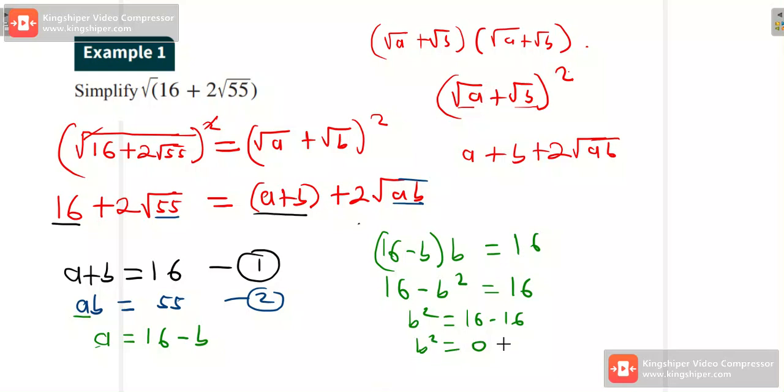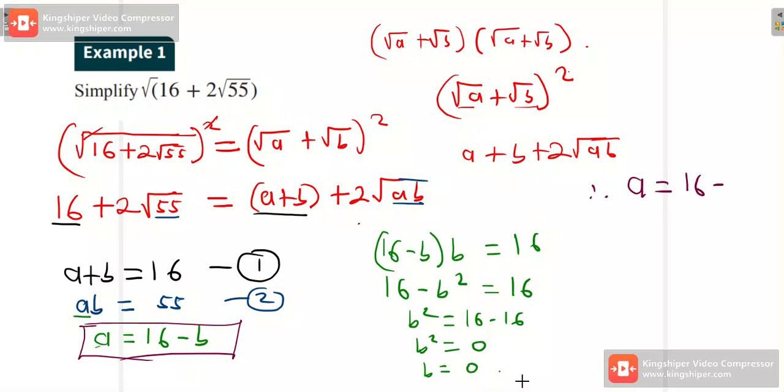So if b squared is equal to 0, it means that b is also 0. So we have gotten our b to be 0. Once b is 0, we can just go back to a, this part, and substitute it inside. So we can say that therefore our a is also going to be 16 minus b, which is 0. So 16 minus 0, and our a is 16.